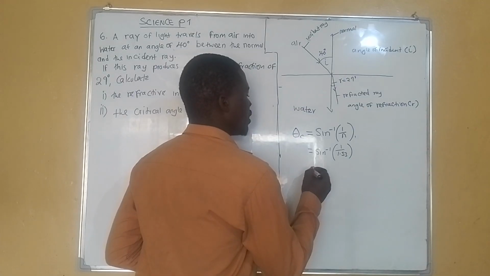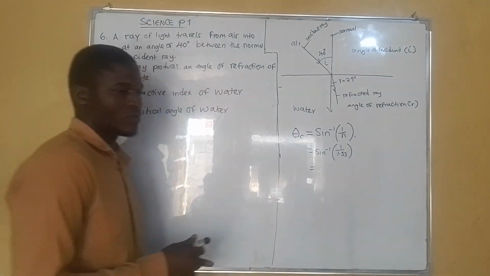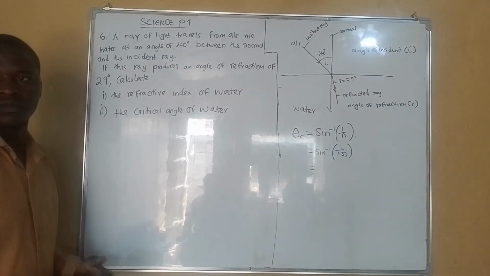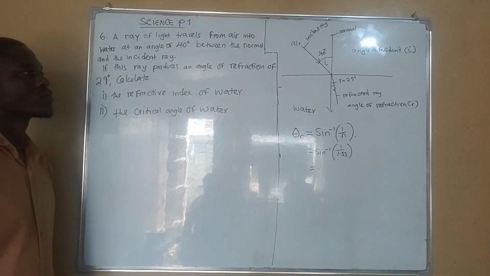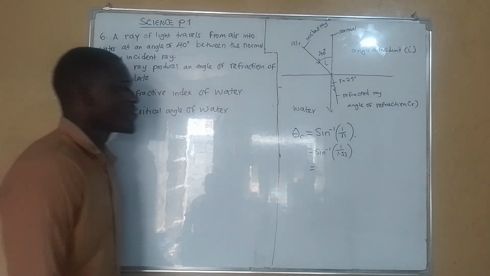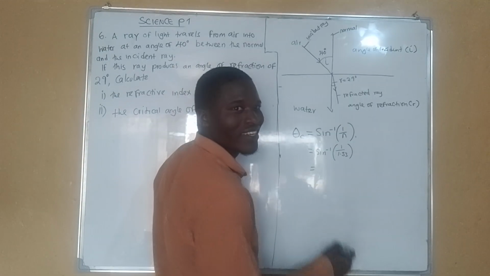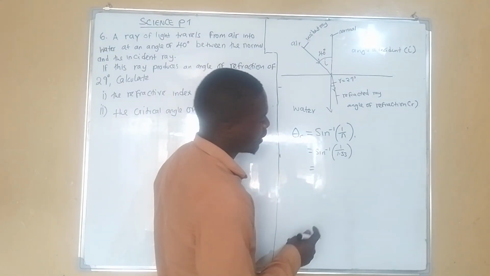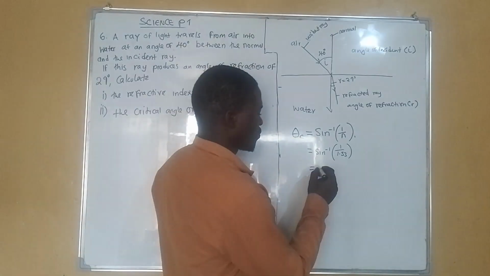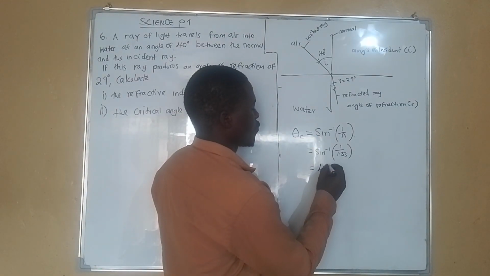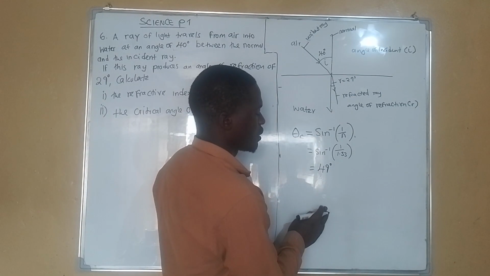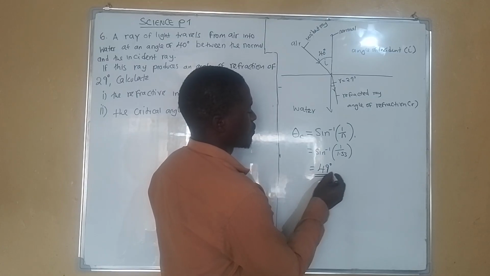What do you get as your answer? 49? Is it 49 or 48? 49 degrees, when you round it off.